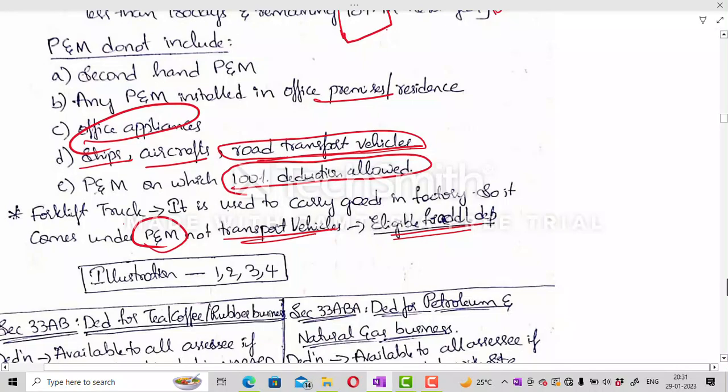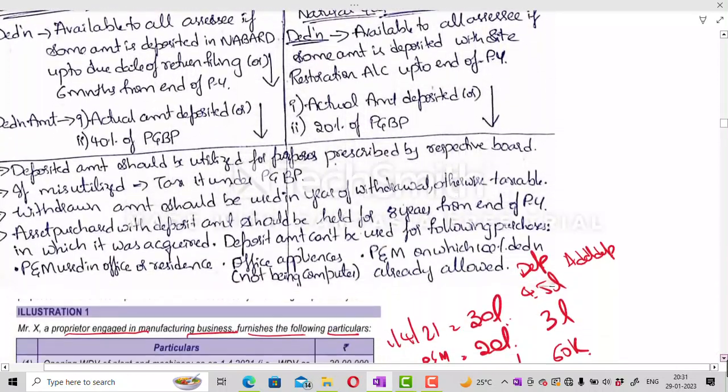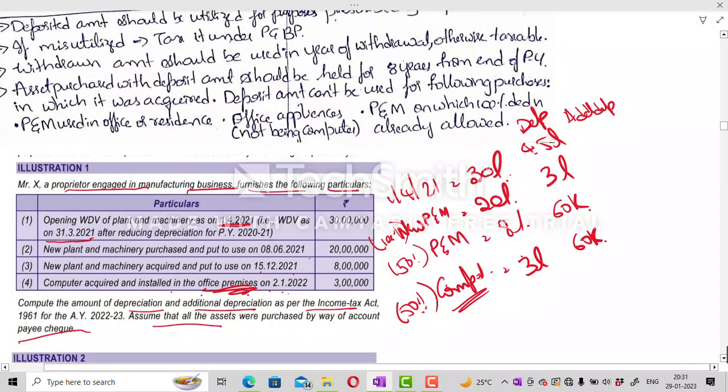We should calculate only on plant and machinery purchased newly. So for 20 lakhs, it is used for the whole year, more than 180 days, means 20%, 4 lakhs. And for 8 lakhs, only 10% because we have used it for less than 180 days.